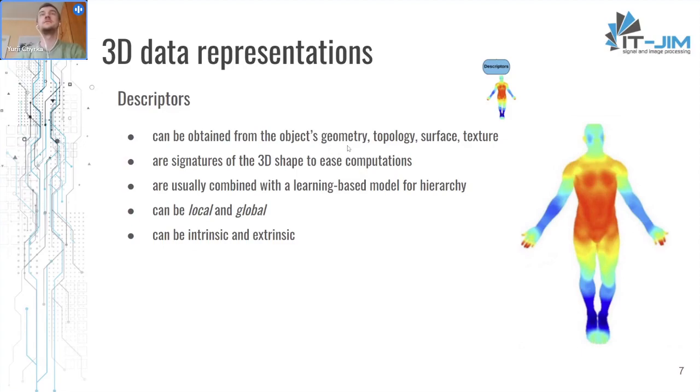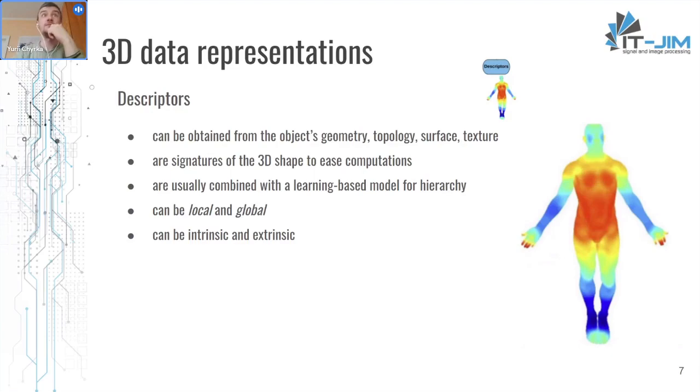We can calculate descriptors of different properties of data, either shape, surface, or texture. Usually they are calculated to make further calculations easy. In deep learning or machine learning pipelines, they are used as standard features. So we calculate them and then feed them to some deep learning or machine learning model.